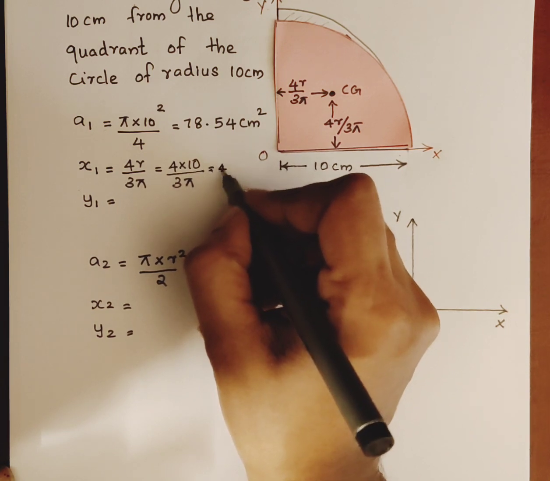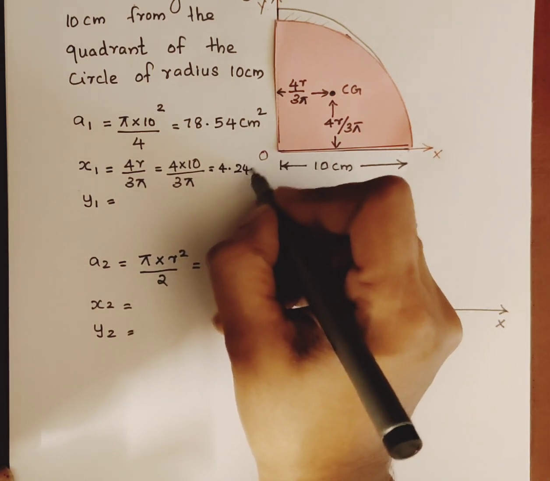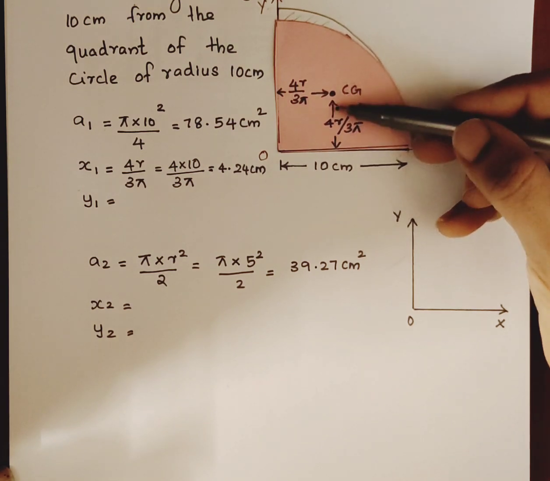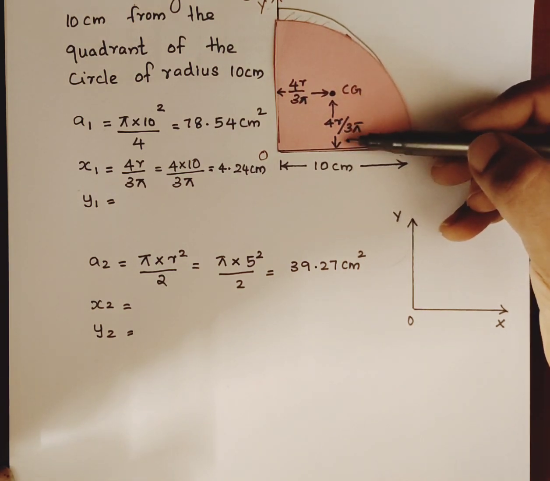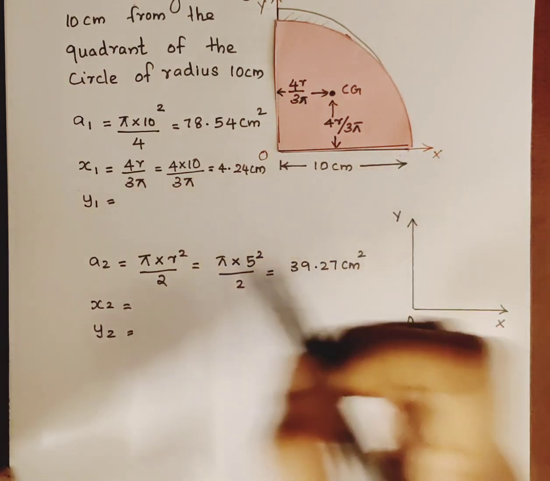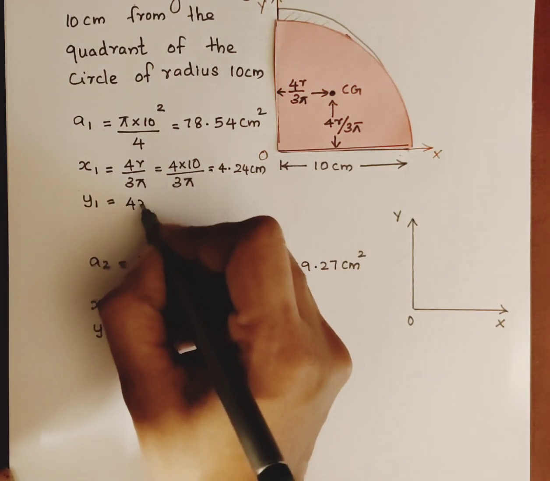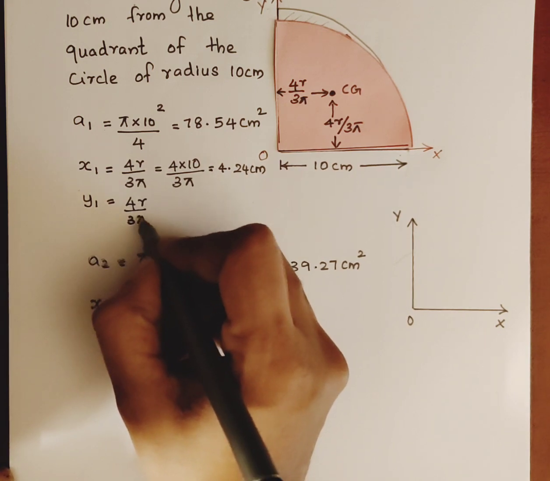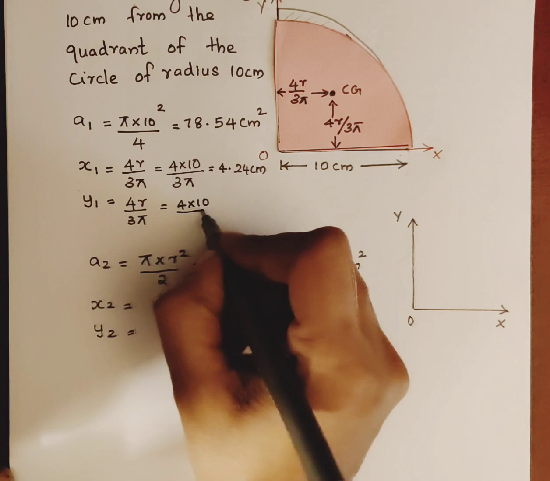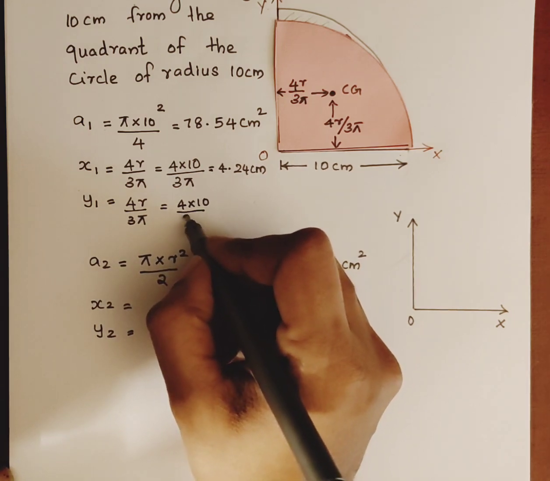That is equal to 4.24 centimeter. So now here y bar is equal to again 4r by 3 pi, which is measured with respect to the OX axis. So y1 is equal to 4r by 3 pi. That is equal to 4 into 10 by 3 pi.